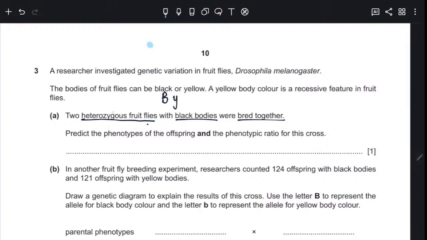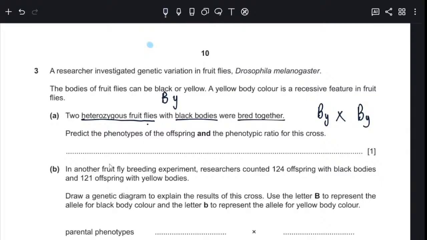So two heterozygous fruit flies means By crossing By. They have the black and they have the yellow allele. Are we together? We know what heterozygous means, right?